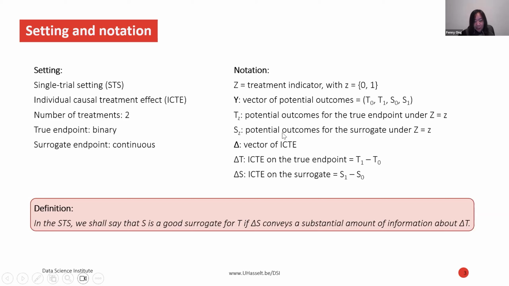Using this notation, we propose a new definition of surrogate endpoint, which says that S is a good surrogate for T if delta S conveys a substantial amount of information about delta T. This definition is based on the concept of information theory, which I will discuss in the next slide.